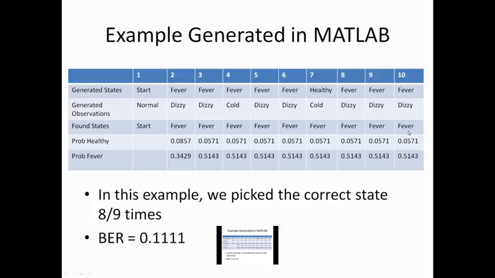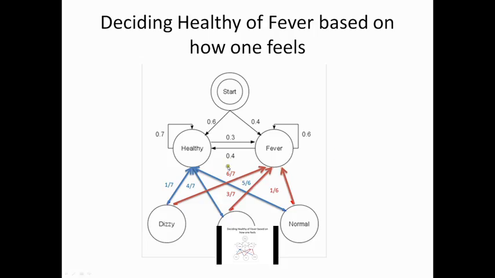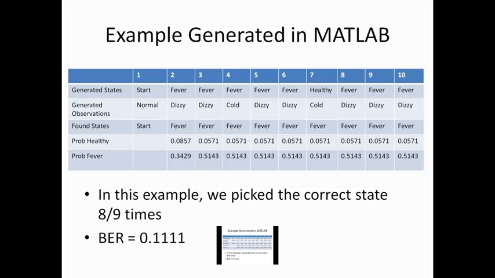And how it decided that is, as I showed before, you multiply this probability with the 0.6 because you had a fever the day before, so you have a 60% chance of still having that fever. You multiply those two numbers together and you get your percentages here. So each day you see I feel dizzy today, and yesterday was just the starting day, so we had no information.